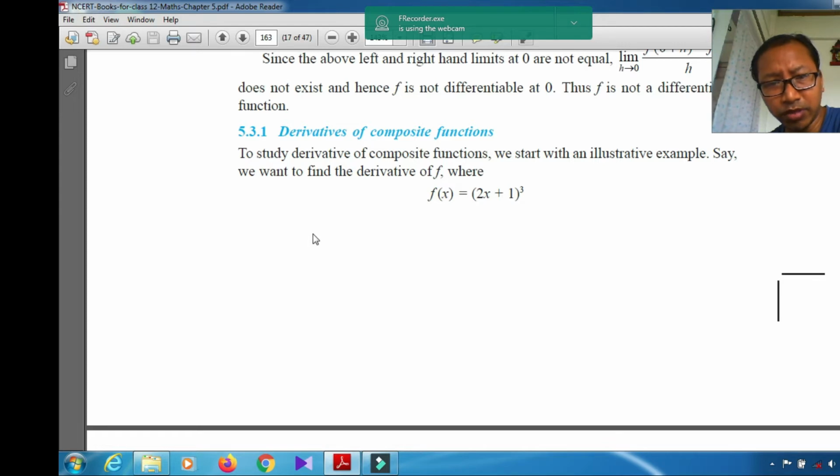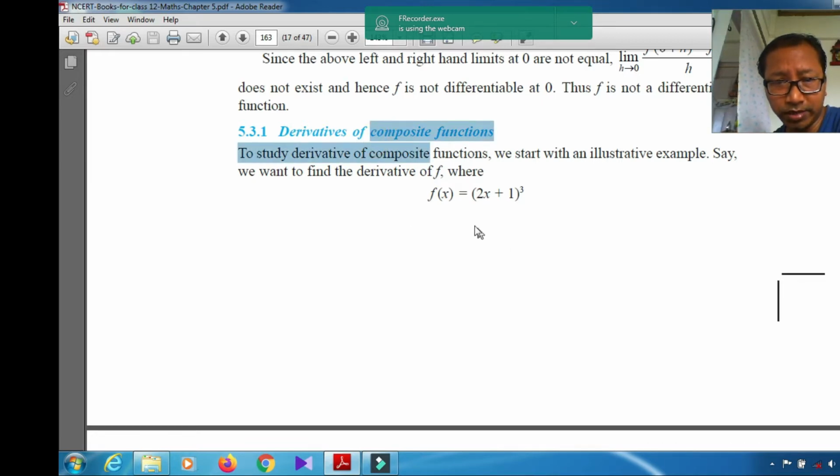Now we have to apply the same formulas here also, but the functions may not be given in a simpler way. For that we have to make use of chain rule. Now the topic is derivatives of composite functions. Here an example is given to us: f(x) equal to (2x plus 1) whole cube.